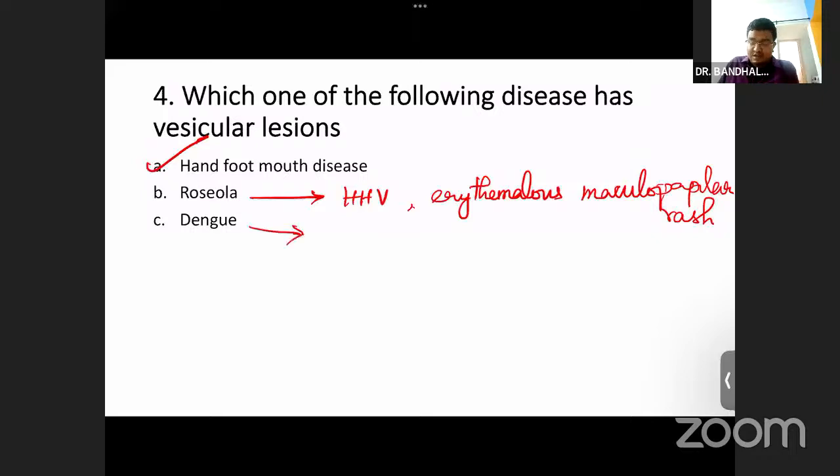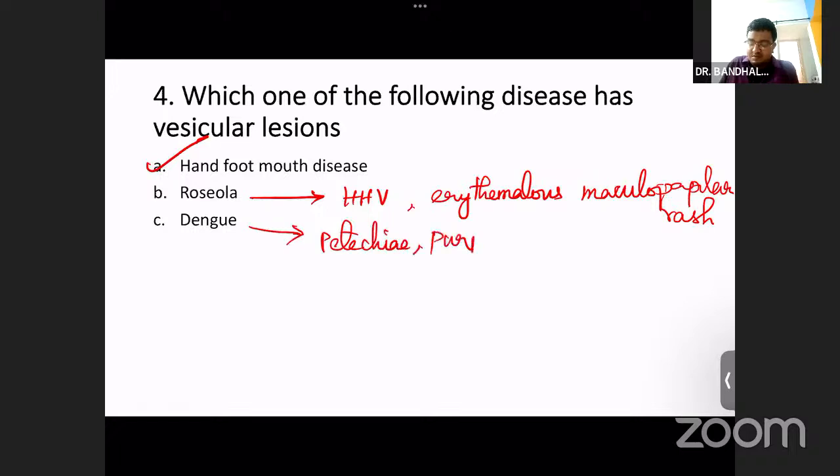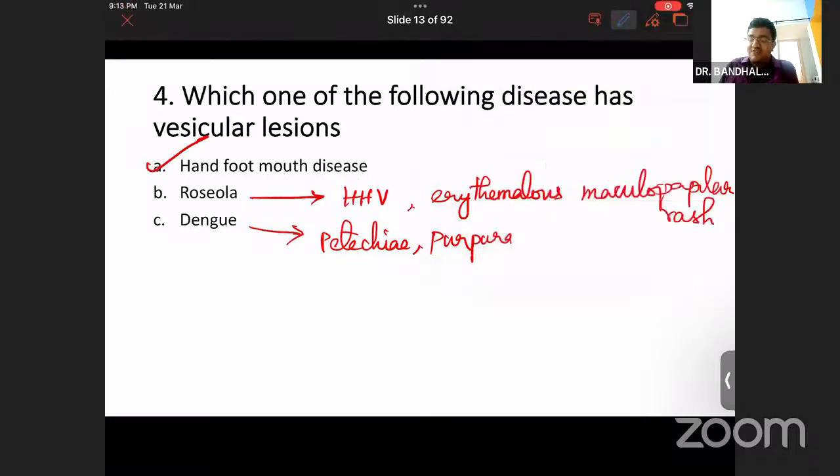Dengue, we know, is characterized by petechiae and purpura when there is thrombocytopenia. Another important dermatological finding is rashes which have islands of sparing, otherwise known as islands of white in the sea of red.